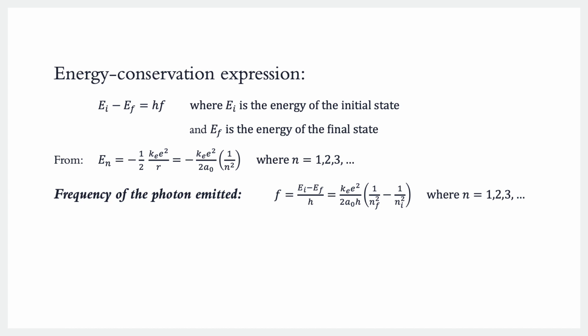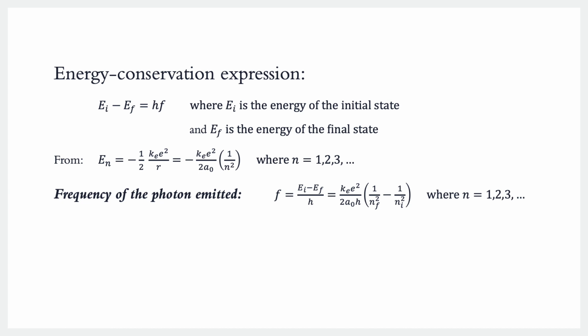From the energy quantization, the frequency of the emitted radiation is found from the energy conservation expression E sub i minus E sub f equal to hf, where E sub i is the energy of the initial state, E sub f is the energy of the final state, and that E sub i should be greater than E sub f.